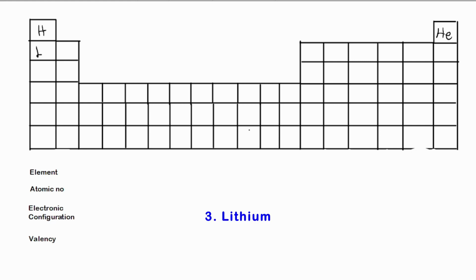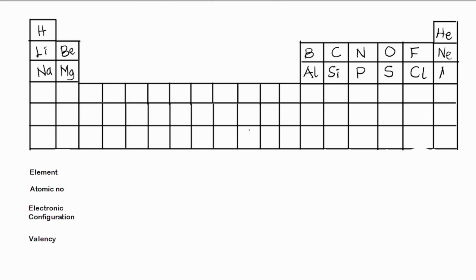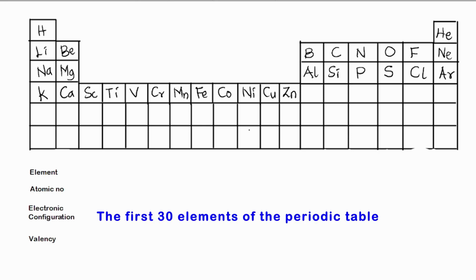Then we have lithium, followed by beryllium, then boron, carbon, nitrogen, oxygen, fluorine, neon, sodium, magnesium, aluminium, silicon, phosphorus, sulfur, chlorine, argon, potassium, calcium, scandium, titanium, vanadium, chromium, manganese, iron, cobalt, nickel, copper, and zinc. These are the first 30 elements.